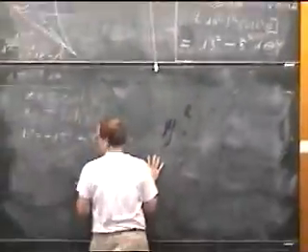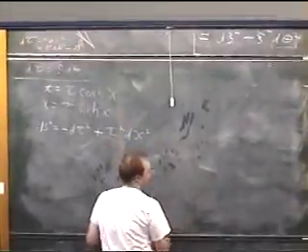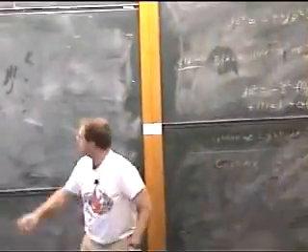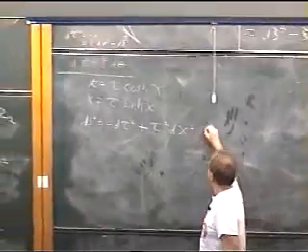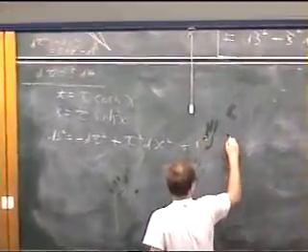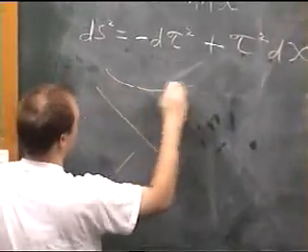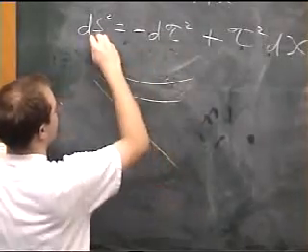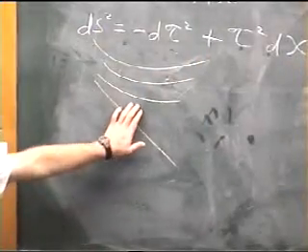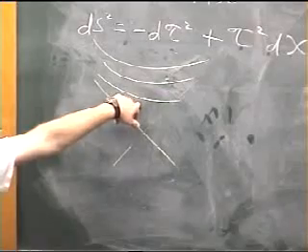If one does that, what one finds is this metric here, plus r squared d omega 2, where you may recall this is the metric that we found. Well, we didn't go through the calculations, but this is the metric that I mentioned you would find up here in my Minkowski space.